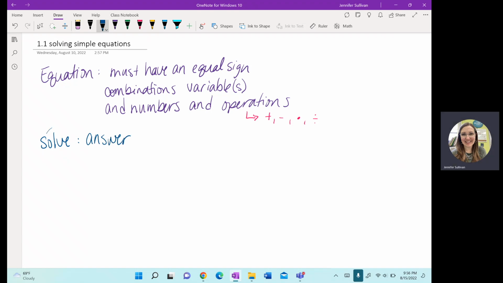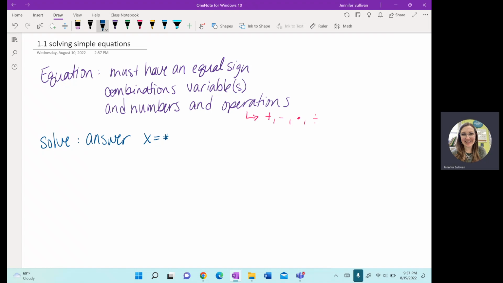Anytime I see the word solve in the directions, I'm looking for something that says x equals and then a number. It can be a decimal, it can be 0, it can be positive or negative, it can be more than one sometimes. But anytime I see the word solve, I'm looking for an x equals answer.